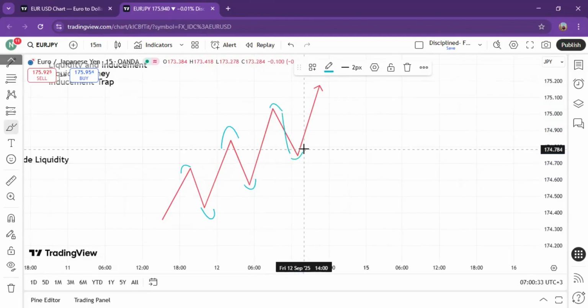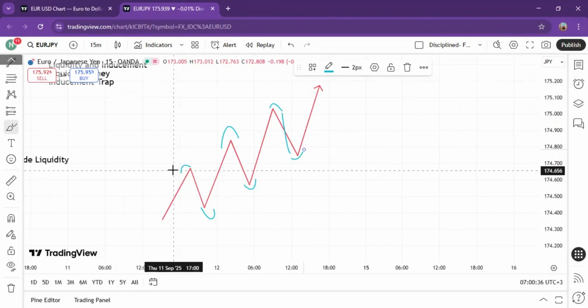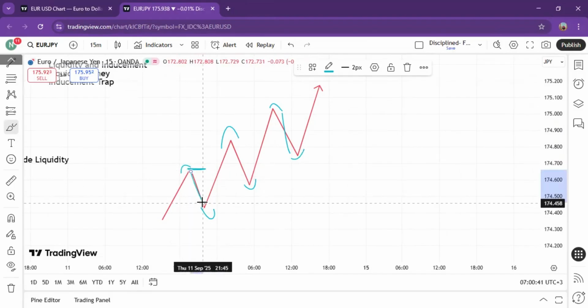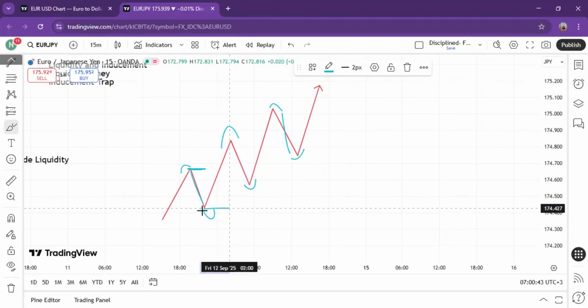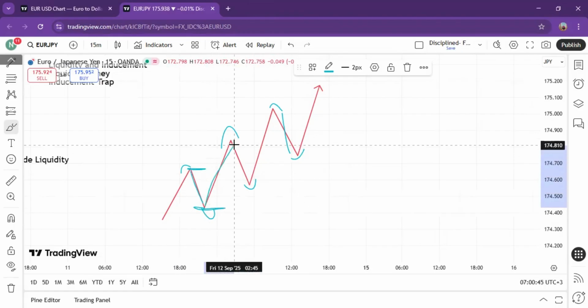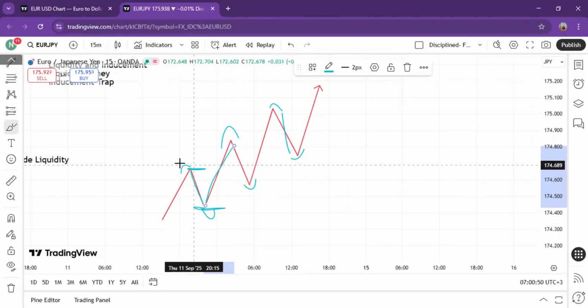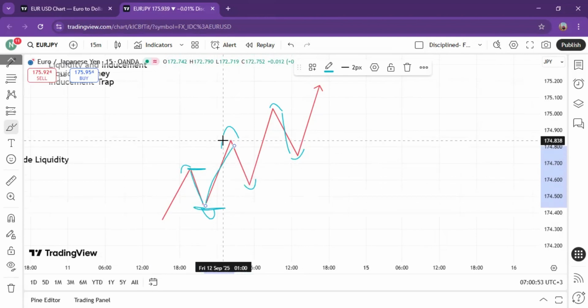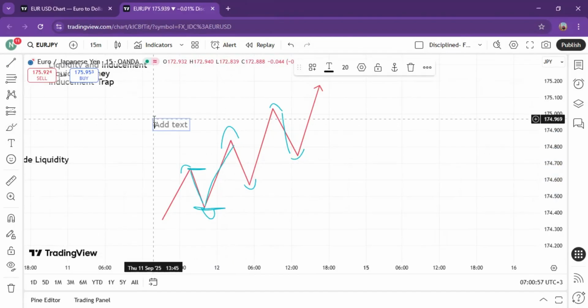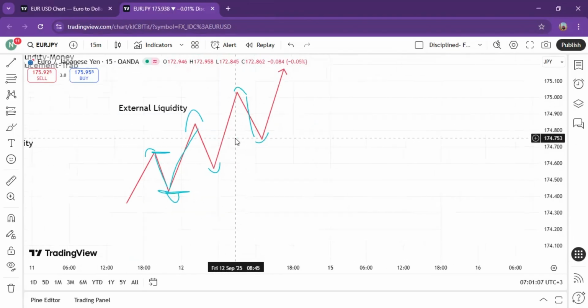It basically means that sellers put their money at this point for their short, while buyers put their money at this point for them to go long at that position. So the same thing happens. We have money at this point, money at this point. So these are external liquidity. So that is external liquidity.